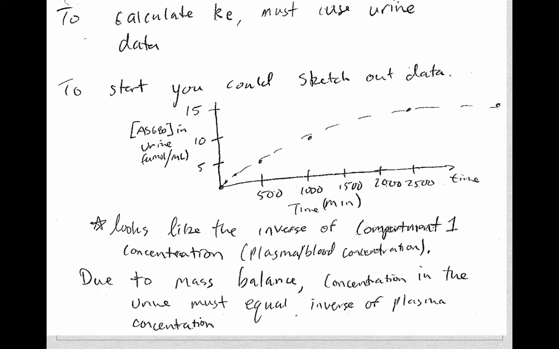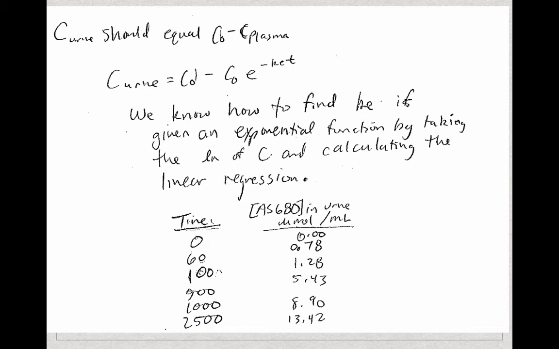So due to mass balance, concentration in the urine must equal the inverse of plasma concentration. If anything's showing up in the urine, it had to have come from the plasma compartment, so from that blood compartment. And that's how we're going to use the urine data to find the plasma concentration.